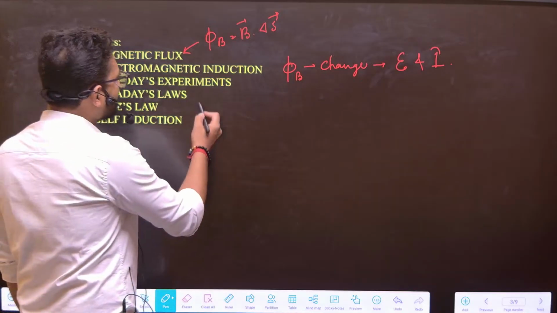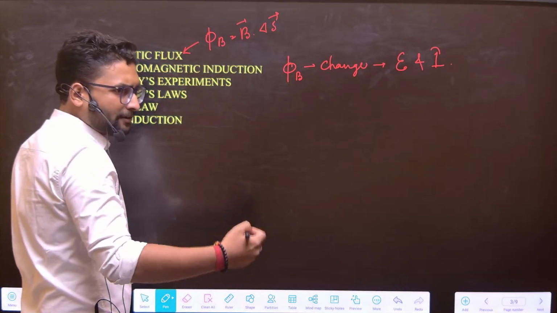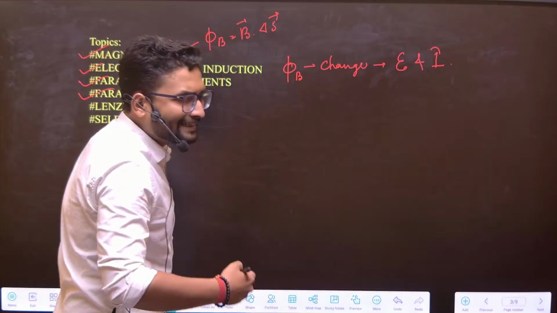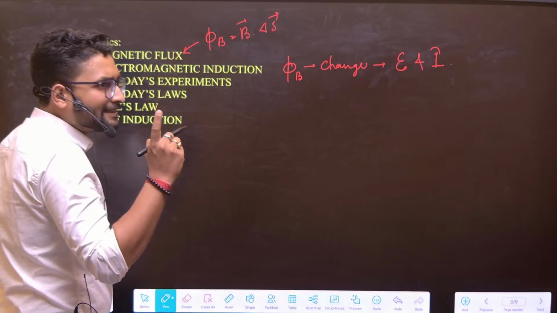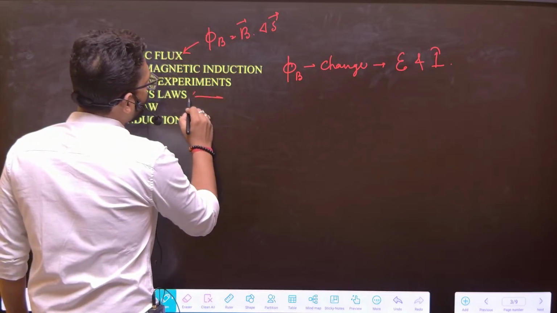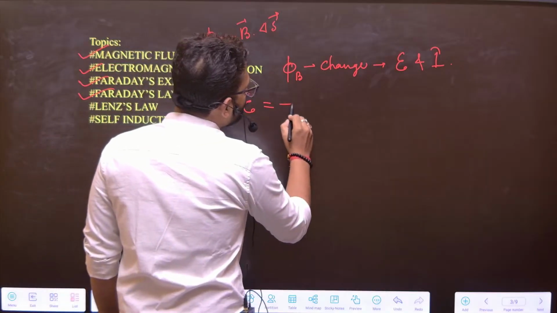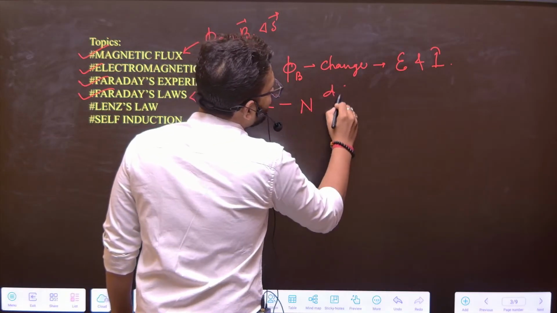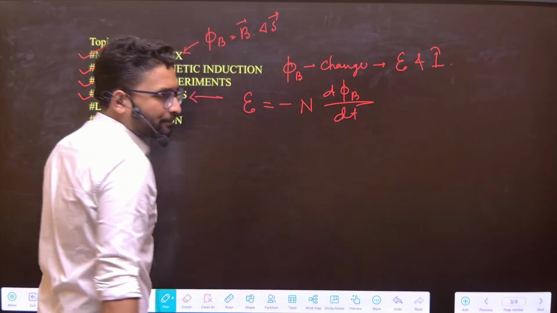The first law is basically the definition of electromagnetic induction: when you change the magnetic flux associated with any coil, then electric current is induced. And there is a second law, which is very important for us, which says that the induced EMF E equals minus N d phi B by dt.